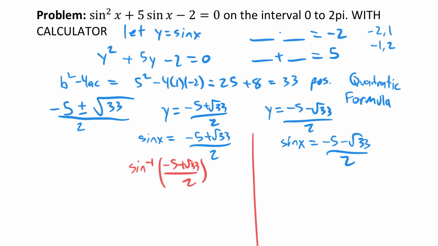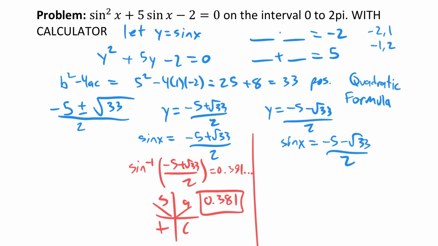When we do sine inverse of it, we get 0.381 and so on. So let's keep following the steps. The cast rule tells us we're looking for positive. So here and here. This will just be our reference angle, so 0.381. And then over here, we'll do pi minus our reference angle. So that should give us 2.760.